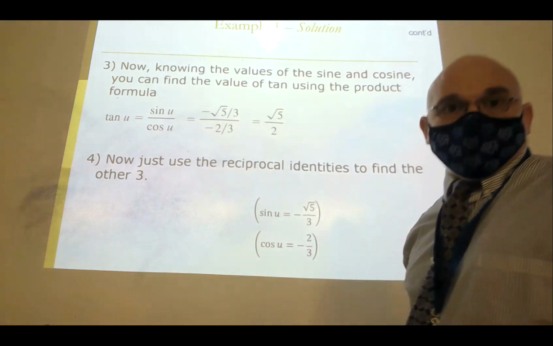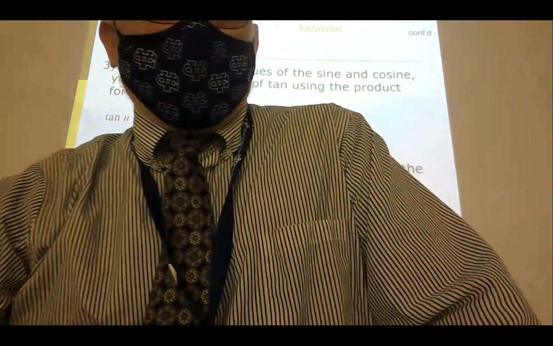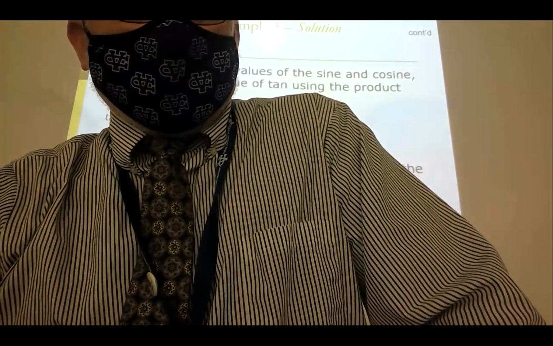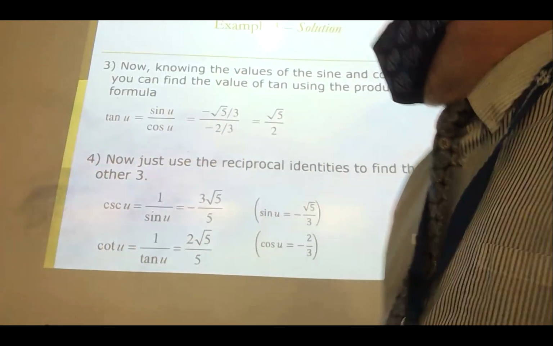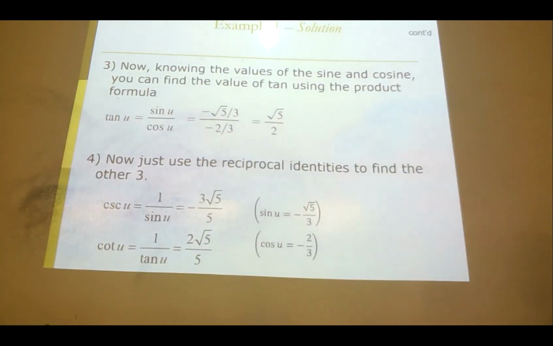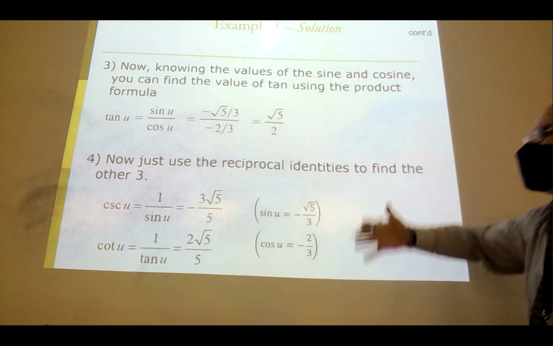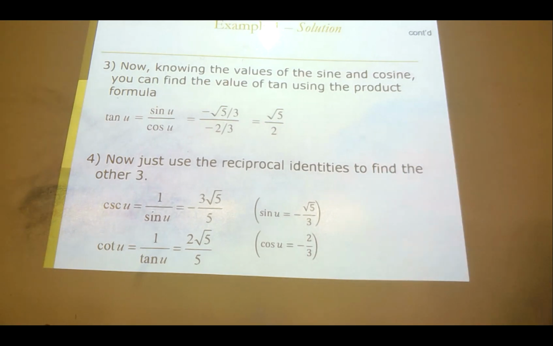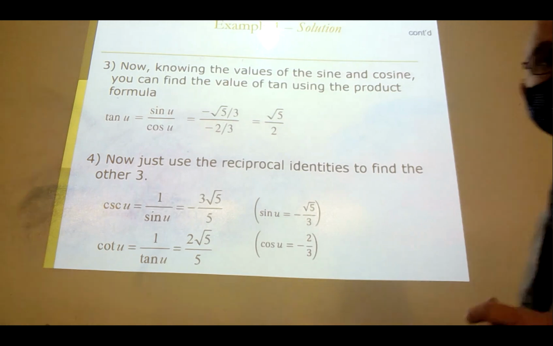Turns out to be square root of 5 over 2. And then we can just use the other reciprocals to find the other one. So this is a little bit more complicated than just drawing a triangle, but it's just to show you that these identities work, that we can do them.